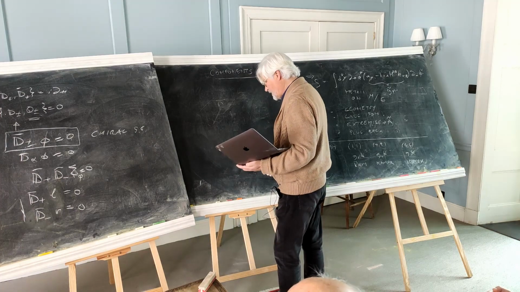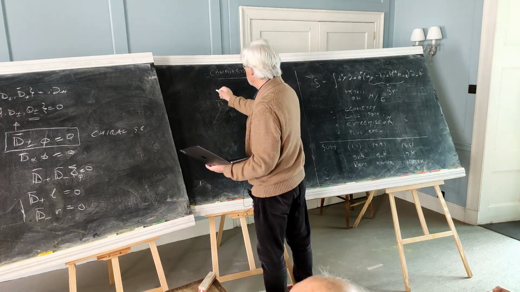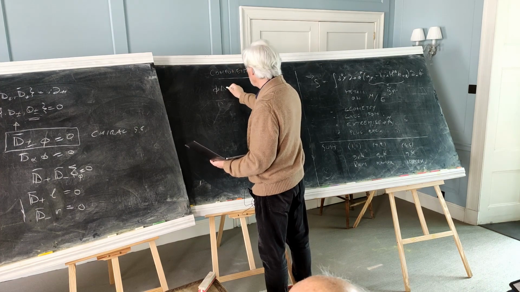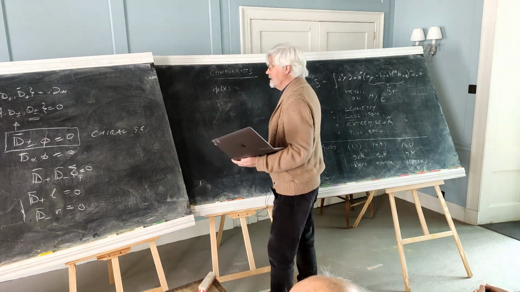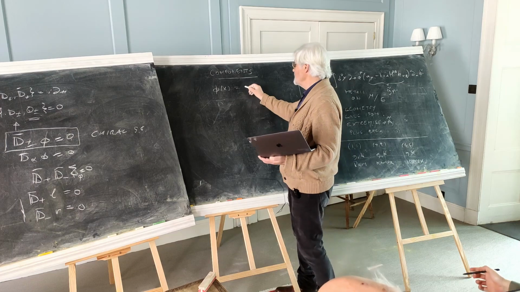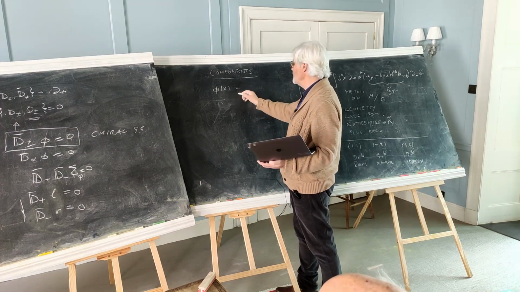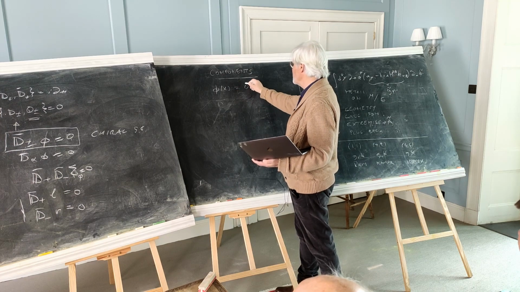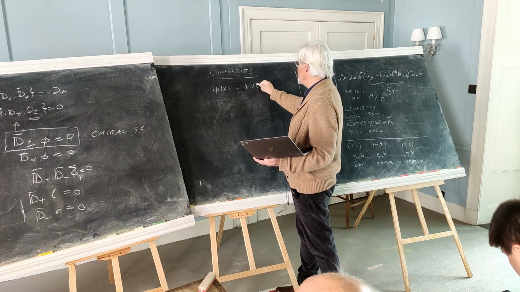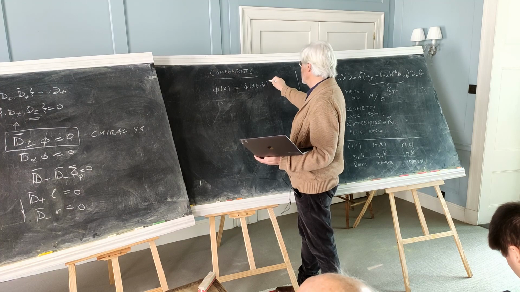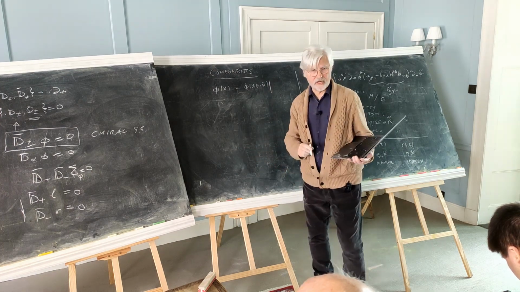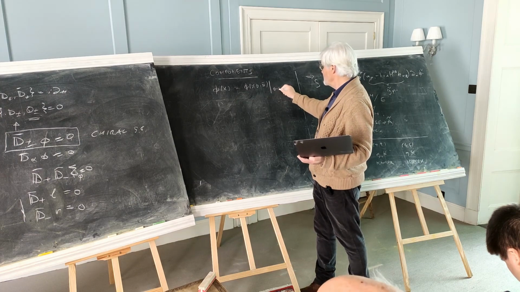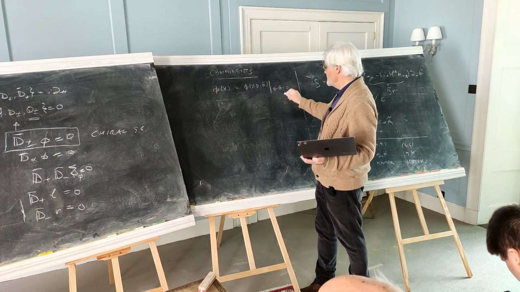The components I find by setting the thetas to 0. So the lowest component, which is just a function of x, is phi of x at theta and theta bar equals 0. So this means to set these to 0.